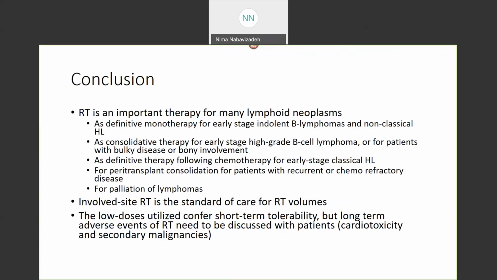Involved site radiation in 2020 is a standard of care for RT volumes. And the low doses that we're able to utilize can confirm short-term tolerability, but the long-term adverse events of radiation need to be discussed with patients, and that's mainly in the case of cardiotoxicities and secondary malignancies.